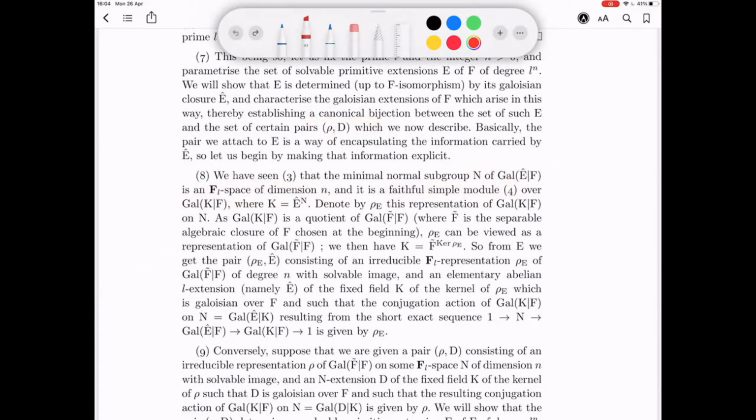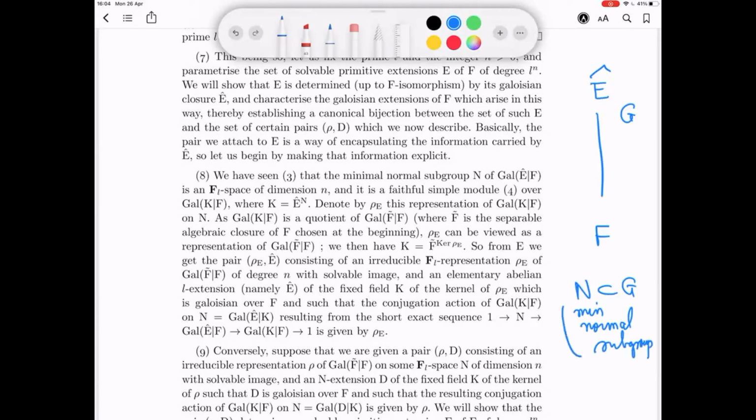What I have is F here and E hat here, and G is this Galois group. Then I have N in G, which is a minimal normal subgroup. I take any minimal normal subgroup.